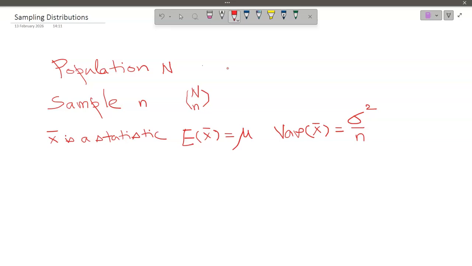So we can think of the standard deviation of x bar too, which we call standard error.